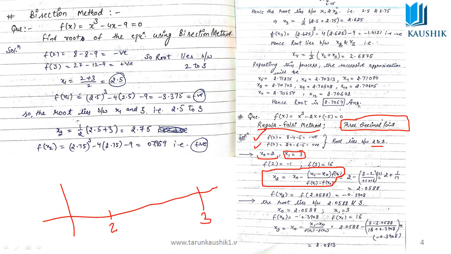x2, that is the value of x, equals x naught minus the initial value, not initial value, the final value. This is the final value and this is the initial value, means final value minus initial value divided by the value of the function at those particular points.